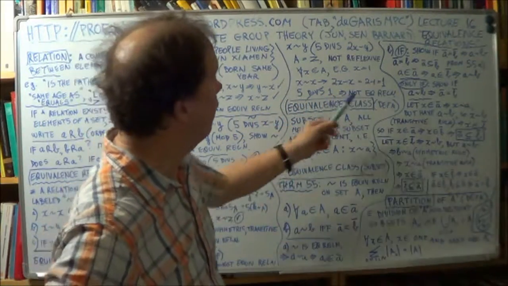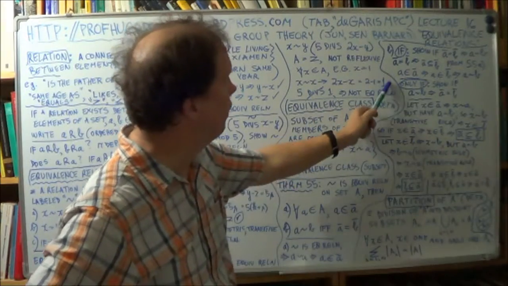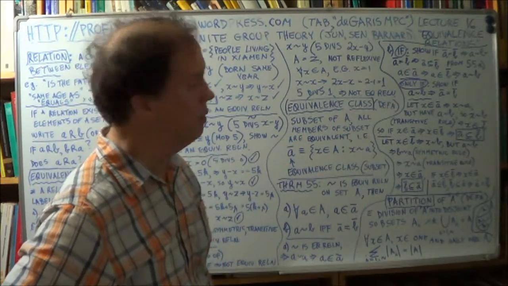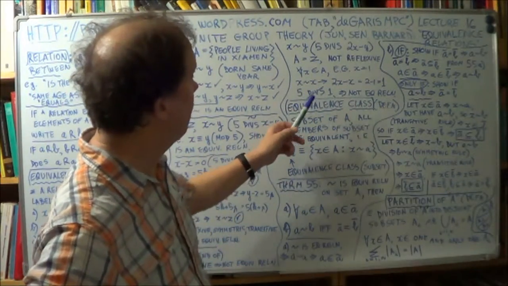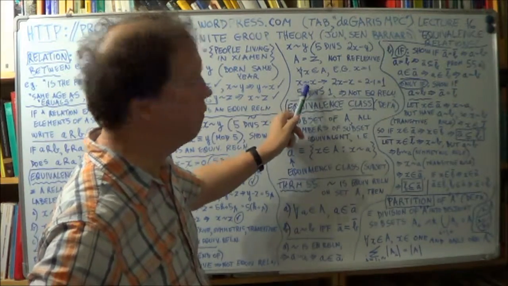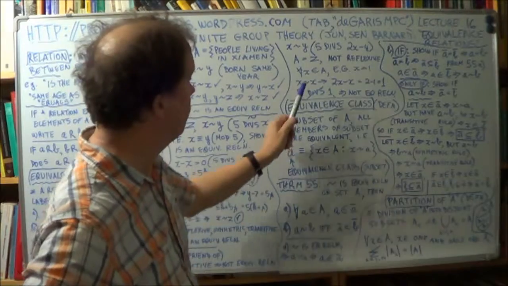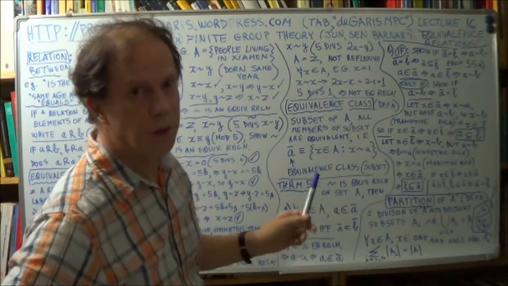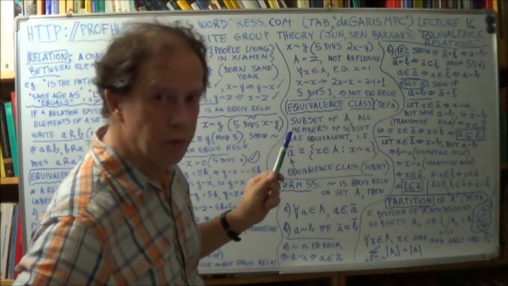Now, does 5 divide 1? No, it doesn't. Therefore, the reflexive property for this relation fails, and therefore this relation is not an equivalence relation.